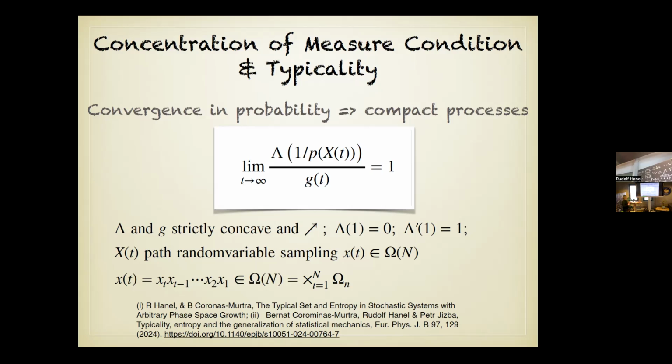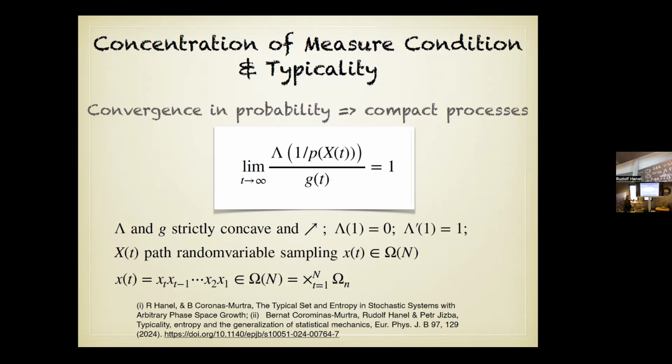So it also doesn't hurt to assume the properties that lambda at 1 is 0 and lambda prime at 1 is 1, even though the latter is not really necessary, but can be practical. So we have a monotonically growing lambda and a monotonically growing g.